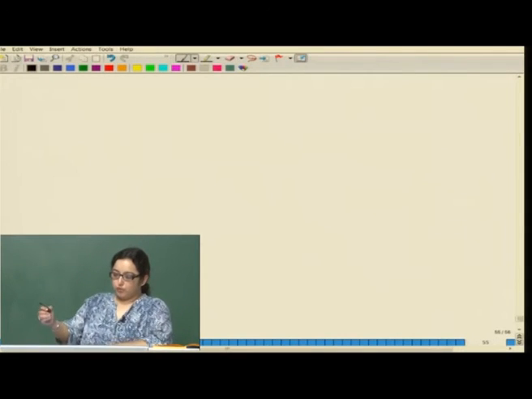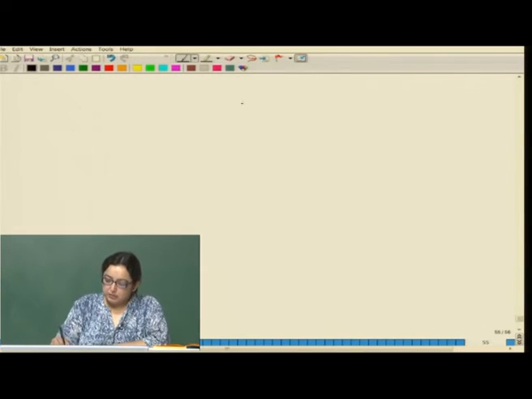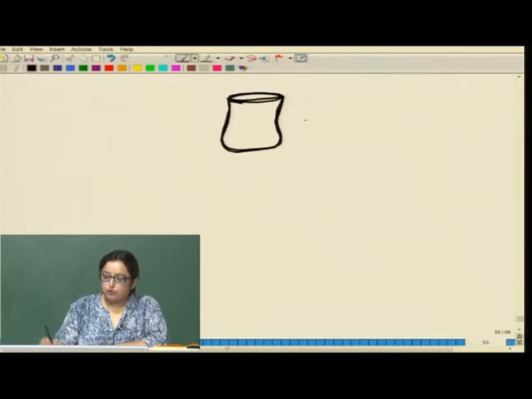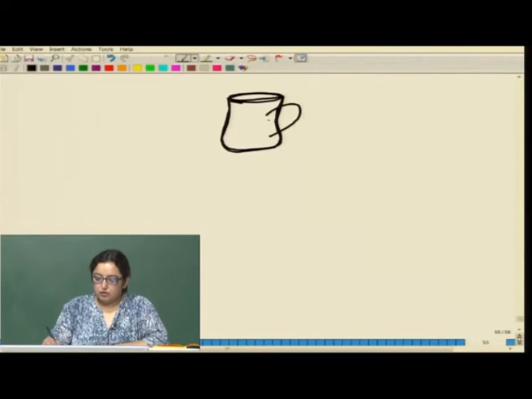Let us look at forms which are symmetrical from one particular view and asymmetrical from another angle.